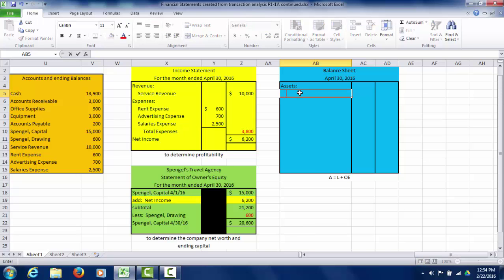So just like the income statement, I'm going to write my headings to the left, and then I'm going to indent the names of the accounts. So I've got cash, I've got accounts receivable, I have office supplies, and I have equipment.